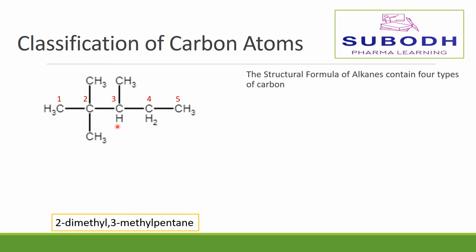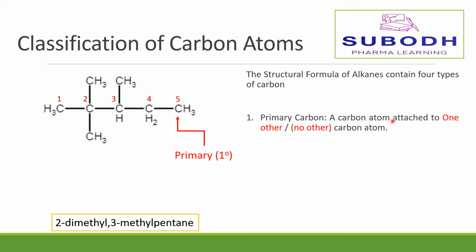Now see the carbon atoms present at positions 1 and 5. They are called primary carbon, and the primary carbon is a carbon atom which is attached to one other carbon atom or no other carbon atom, as shown in the structure of methane.